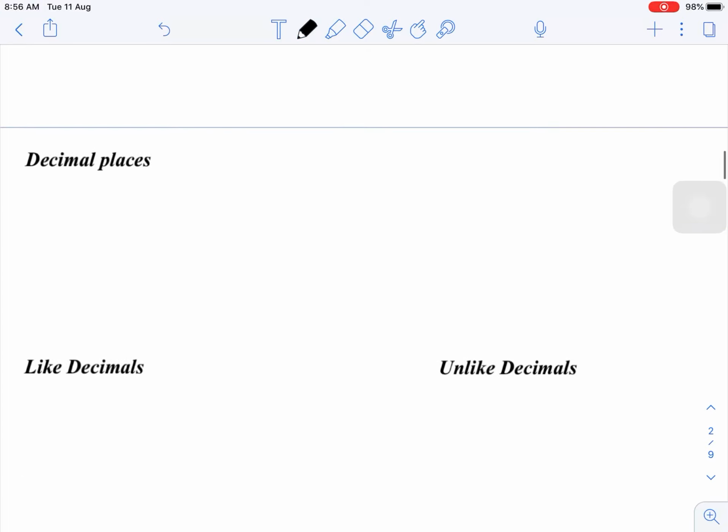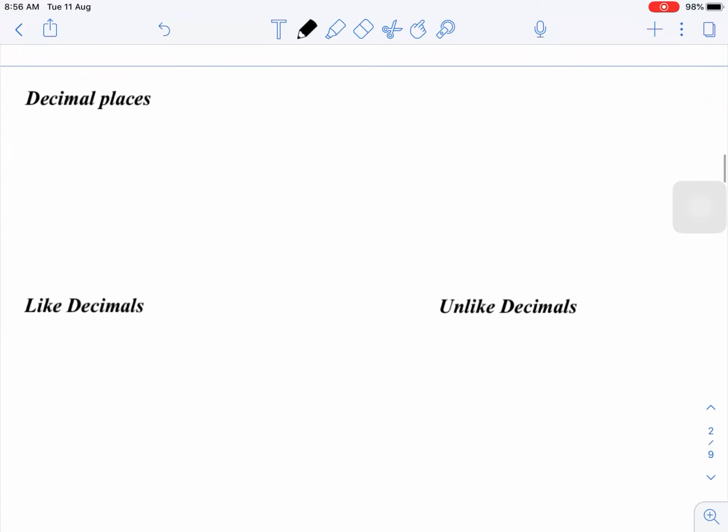Next one is decimal places. Now what are decimal places? The decimal places are nothing but the number of digits present to the right of decimal. For example, if we have a number 413.2987, if you look to the right of this decimal, how many digits are there? 1, 2, 3, 4.